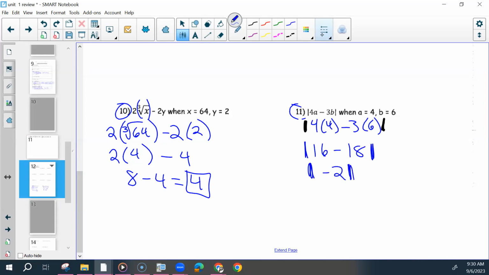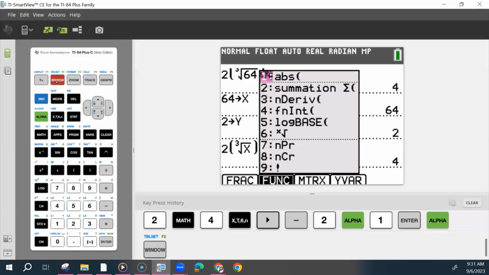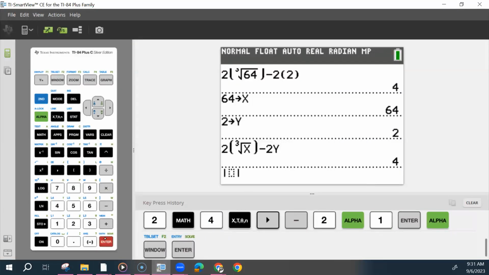And then at the end, make sure there's nothing else left to do, so you don't need the parentheses, but you do need to make it positive. And then if you are double checking this with the numbers in the calculator, alpha window will give you your absolute value. So the first one, and then you can just put everything in.